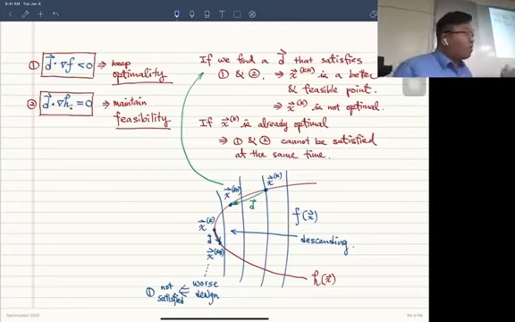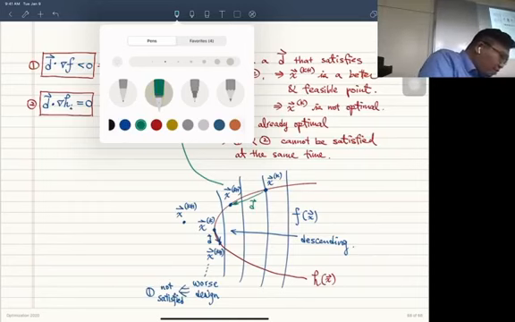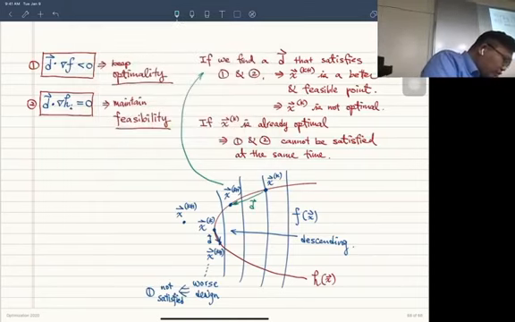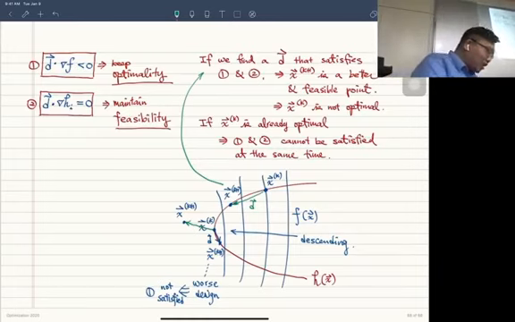Okay, so how about another point? Let's say I found a point somewhere else, like here, outside of the curve. Because I move outside of the curve, my function value could be lower. So it's a better point because the function value is lower, but it's not feasible. In this case, it becomes infeasible.